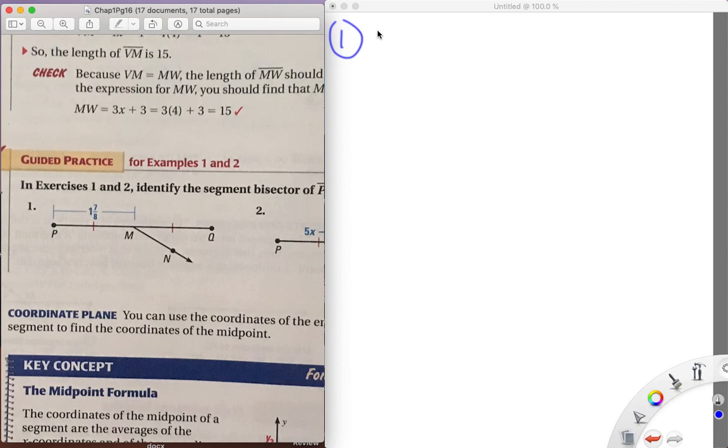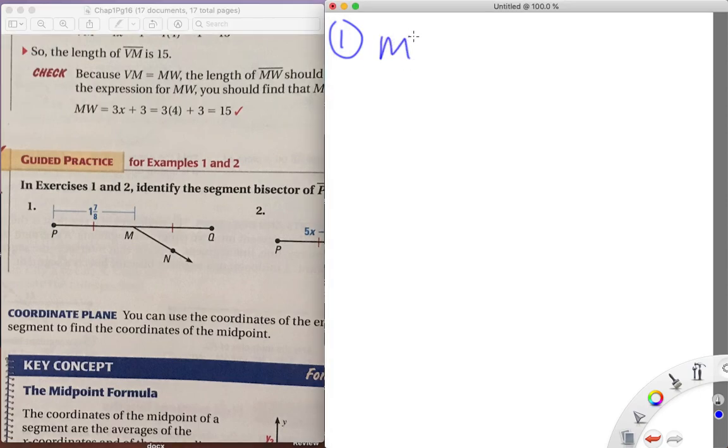So ray MN is the segment bisector. I'll just put seg bisector to save time. So I found the segment bisector.